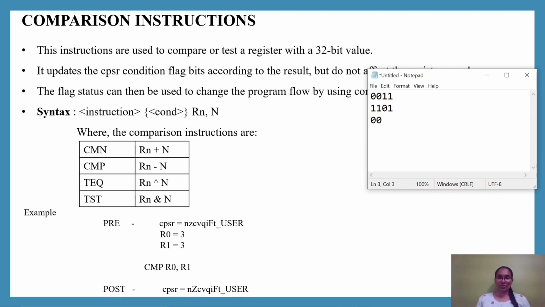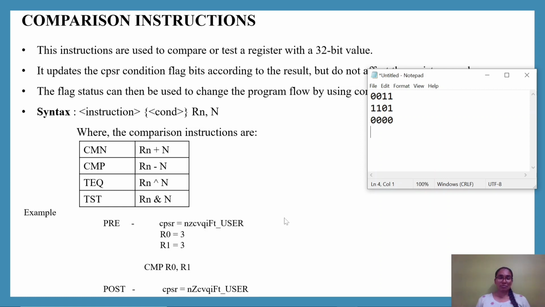So the output will be 0 0 0 0, and as it is 0, the zero flag is set. So in the post, the Z flag will be set. So this is the comparison instruction.